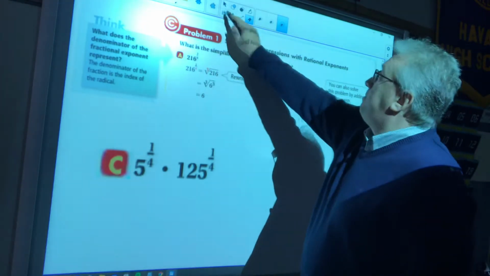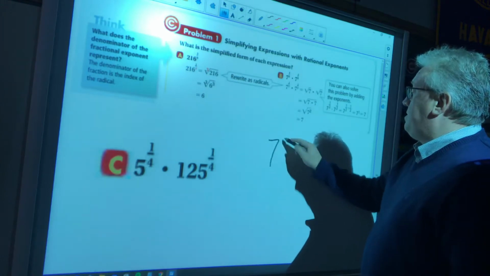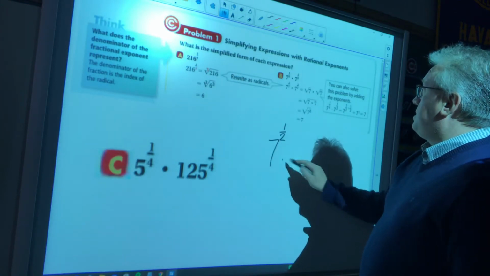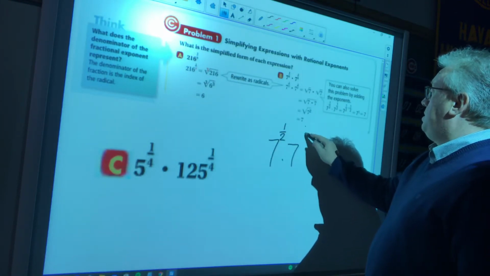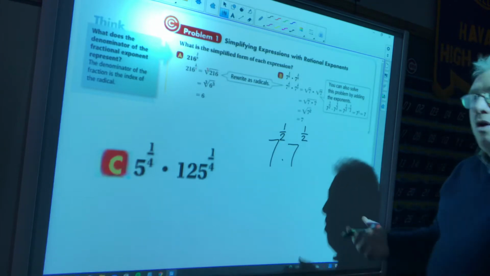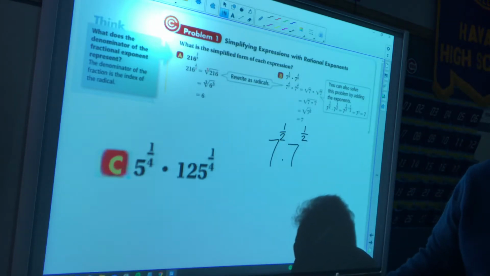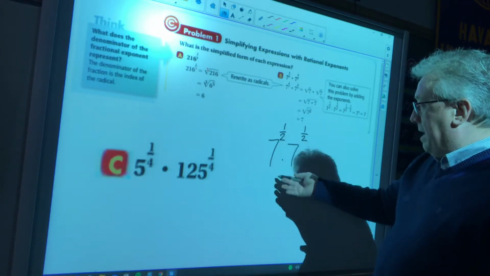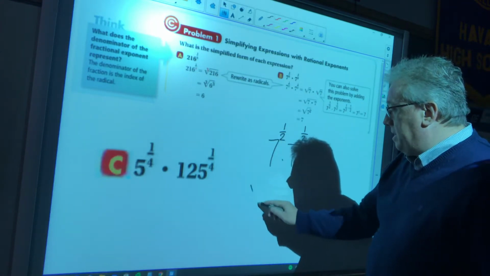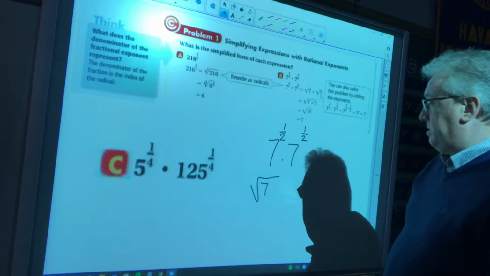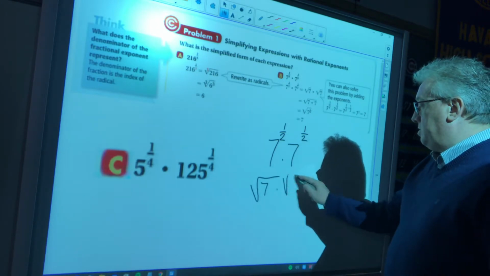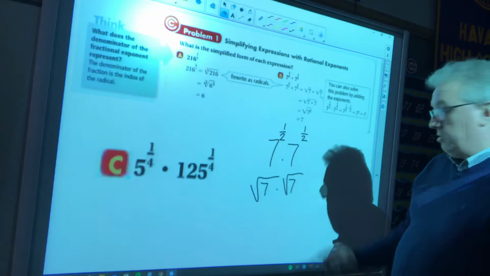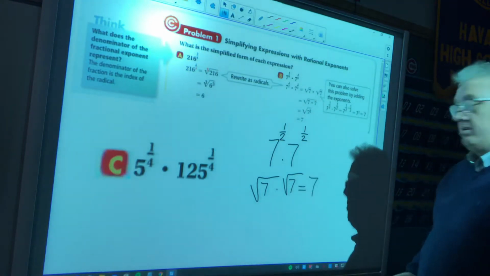Now, let's take a look at this example right here. I have 7 to the 1/2 power times 7 to the 1/2 power. You can do that a couple different ways. You can convert these to radical form. So that is the square root of 7 times the square root of 7, which is merely 7.